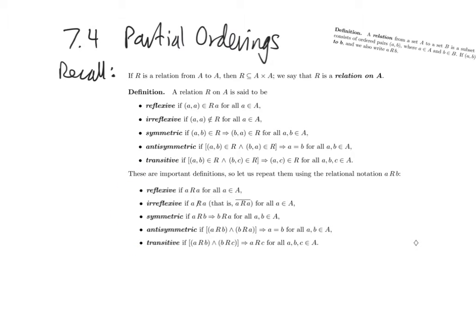They're written here in a couple of different ways using the ordered pair language as well as the aRb language. So take a moment to review these, and then we will talk more about partial orderings, which are a specific type of relation.